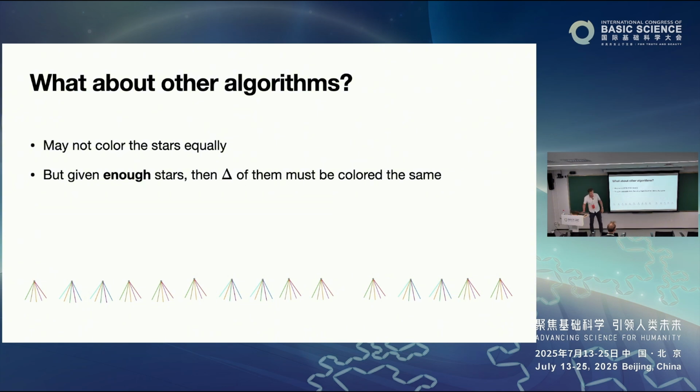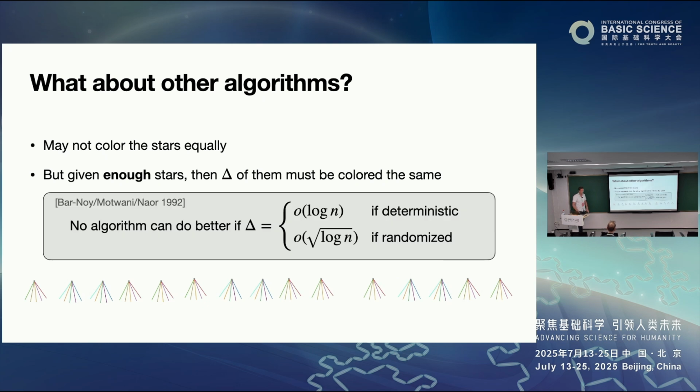If you do the calculation, which was done by Bar-Noy, Motwani and Naor in 1992, it turns out that you cannot beat greedy, but only for low-degree graphs. Specifically, you cannot do better than greedy if delta is little-o of log n for deterministic algorithms, and delta is little-o of root log n for randomized ones.